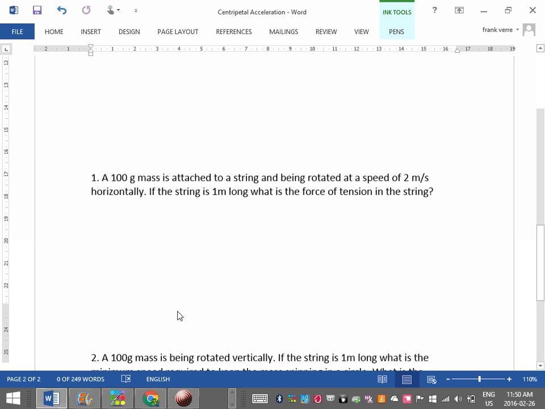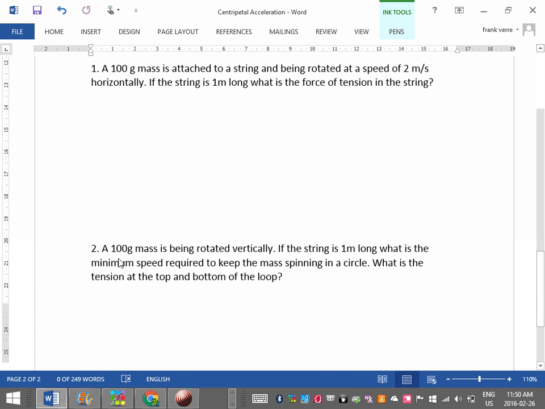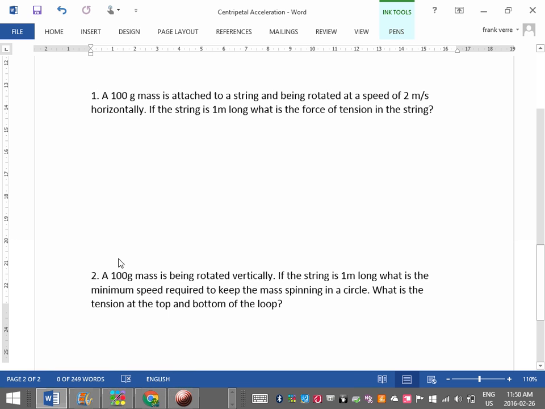So let's do some really, really basic questions with centripetal acceleration. We'll start really simple, with a question like this. You have a mass that's 100 grams attached to a string, and it's being rotated horizontally.